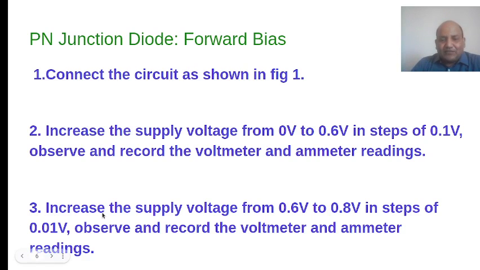Then you again increase the voltage from 0.6 volt with a smaller step of 0.01 volt, and record the voltage and current again. In forward bias the current increases, and after reaching the cut-in voltage, the current increases while the voltage increases only slightly.